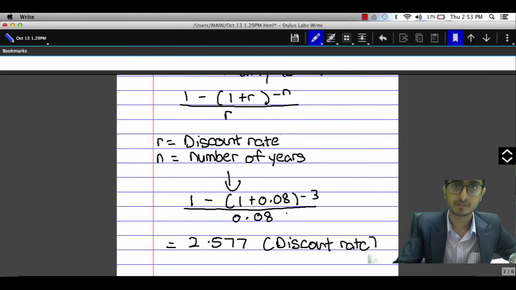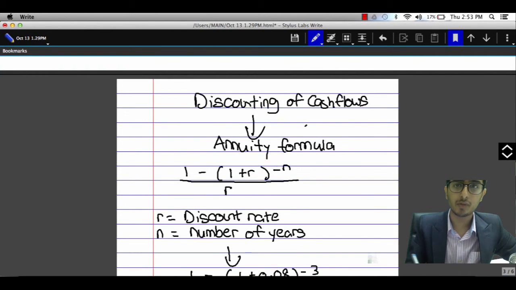Okay? The annuity formula is 1 minus (1 plus r) to the power of minus n, divided by r, where r means the discount rate and n is the number of years. Now don't worry, the discount rate and the number of years will already be given in the question.